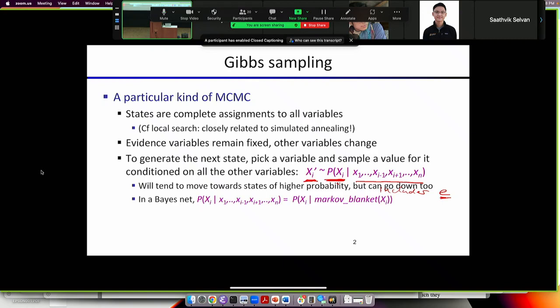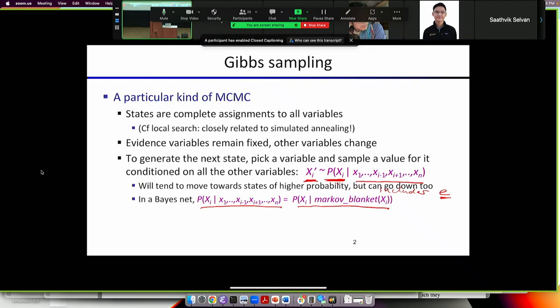Okay. So that's Gibbs sampling in general: pick a variable, resample its value given all the other variables, okay? In Bayes nets, that particular calculation turns out to be much easier than it might otherwise be in general. And that's because the probability of the variable given all the other values is equal to the probability of the variable given just the Markov blanket.